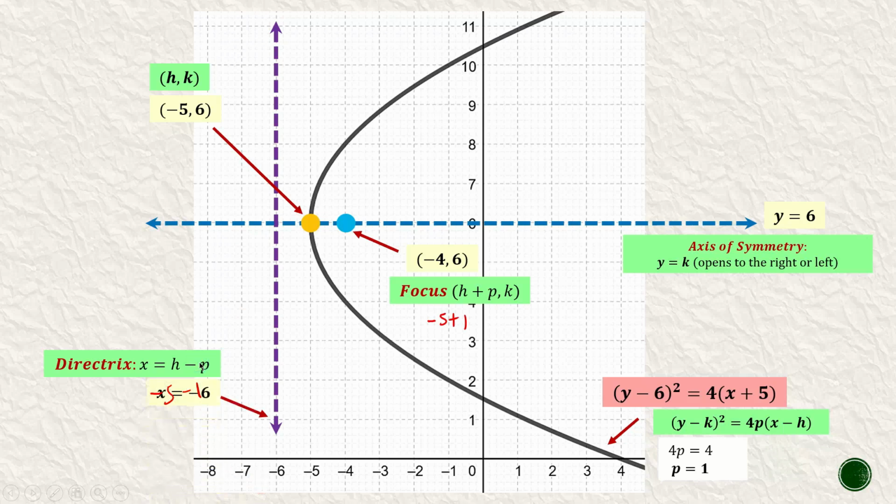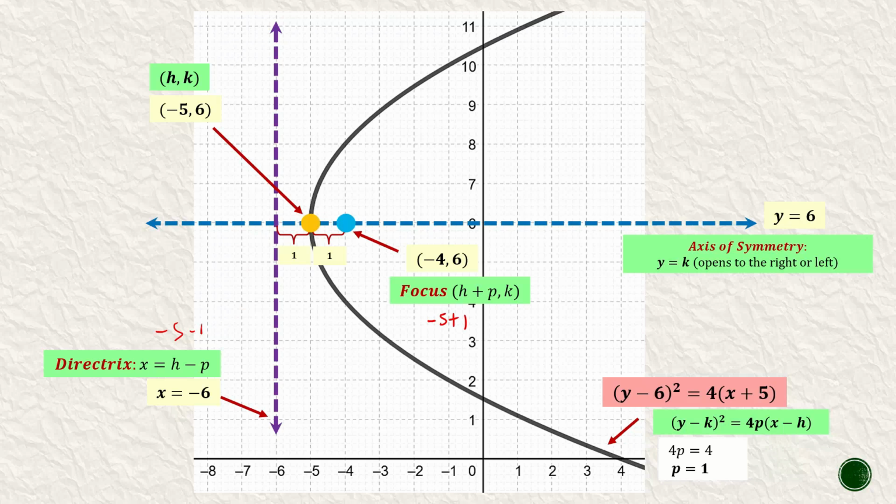And of course, I want to emphasize that the distance of the vertex to the directrix is equal to the distance of the vertex to the focus, and that's equal to the absolute value of p.